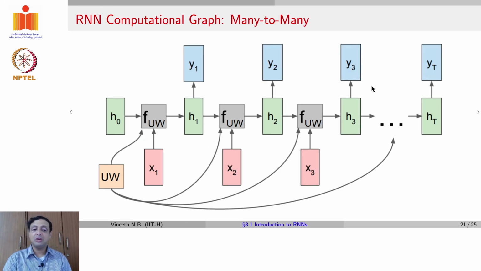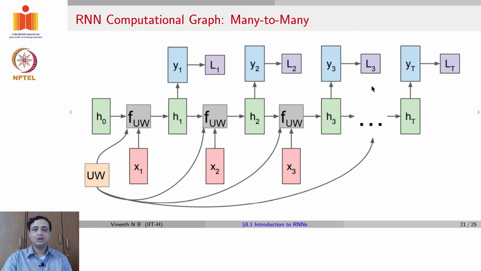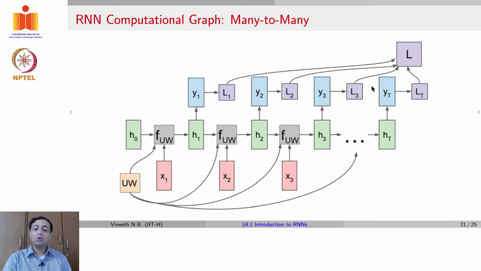If you had a many-to-many RNN, you would only slightly change this, because now you're going to have outputs at every time step which you did not have in the previous RNN that we just saw. You could now have an output L1 that comes out of the many-to-many RNN, which is what is finally given as output to the user. You could also look at combining all of these L1, L2, L3, until LT to give your final L as the output.